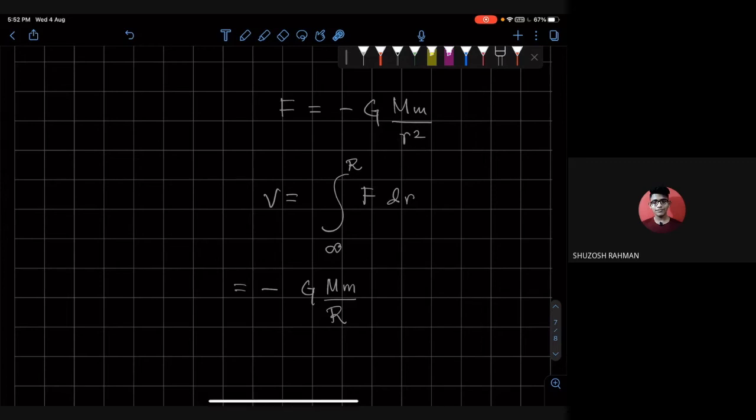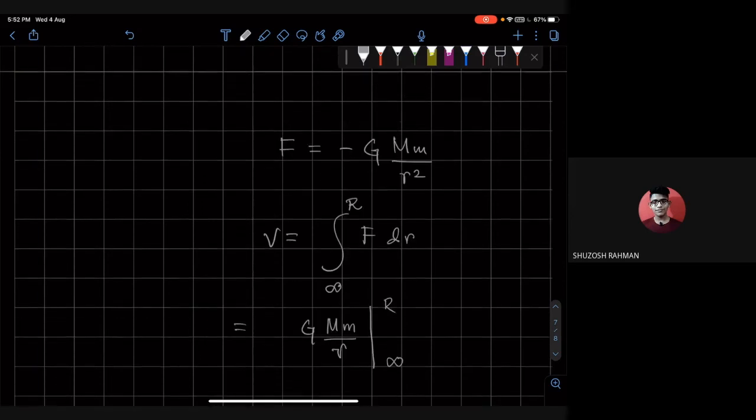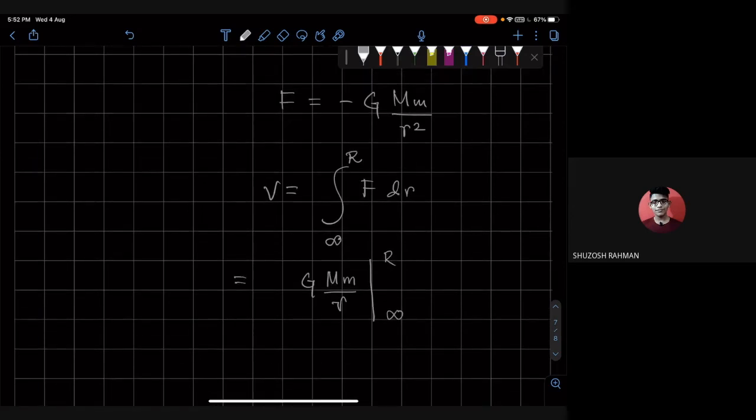So over here we get this, and first we just put R here. I feel like we are missing a sign because F is attractive. So this is going to be positive work, right? Because we are pushing the particle in the direction of the attractive force.